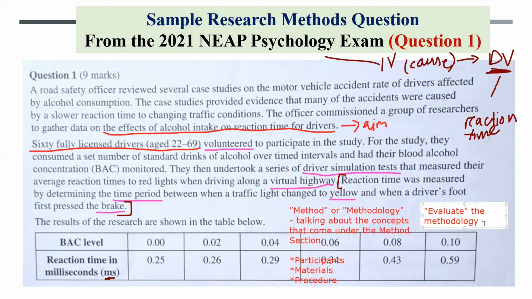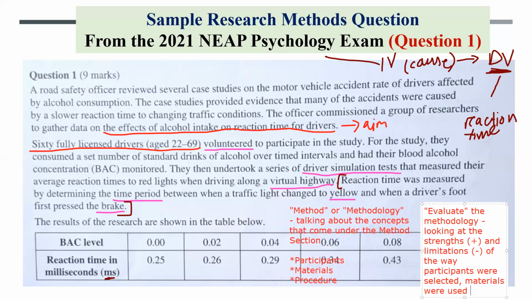So if you get a question, let's say part A of this question is like evaluate the methodology of this experiment, all you're going to be doing is looking at the strengths, and strengths are our positives, remember? And limitations. So our limitations are our negatives of the way participants were selected, materials were used, and the procedure.